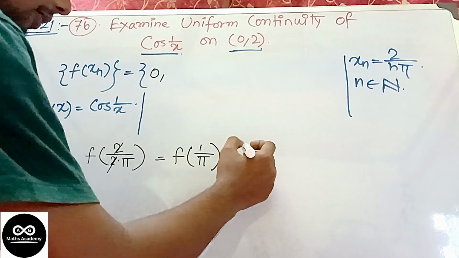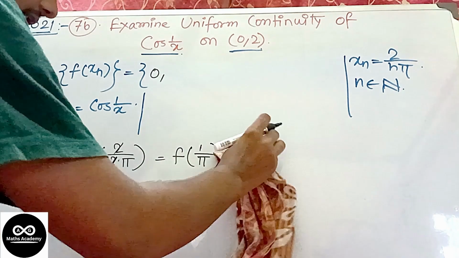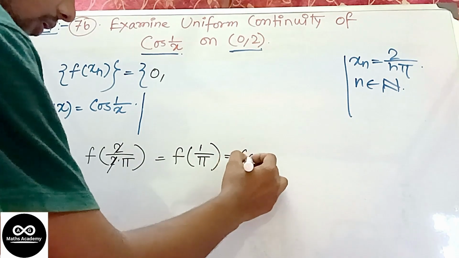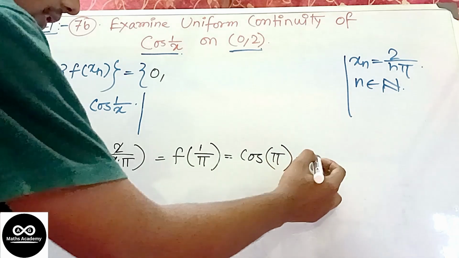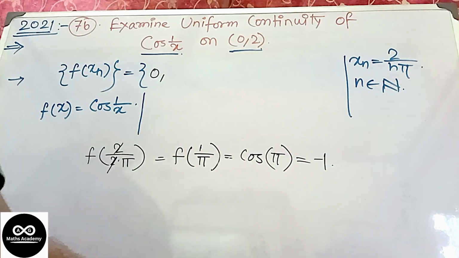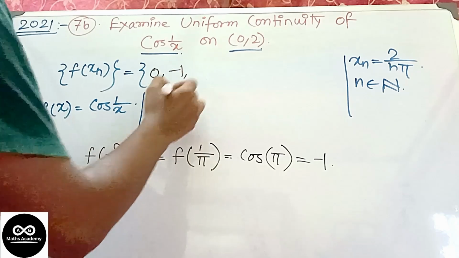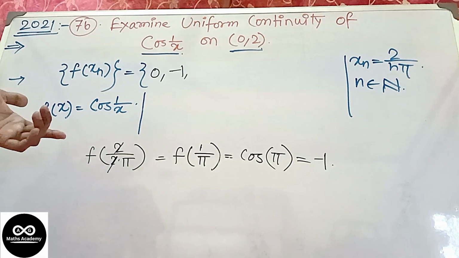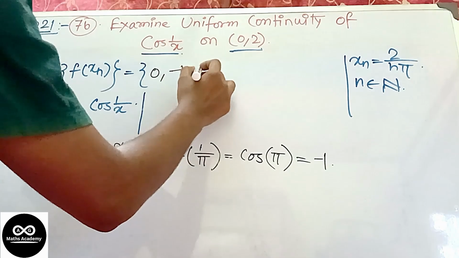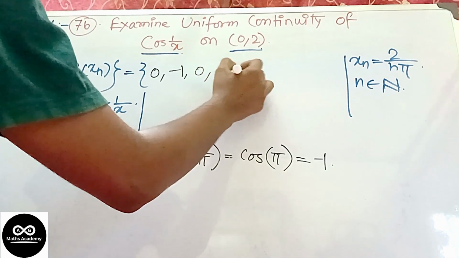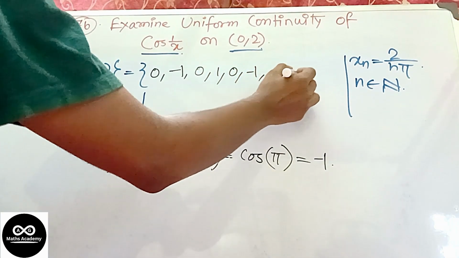Okay, and this will be cos of pi, which is minus 1. Okay, so minus 1. So now if we keep calculating these values, this will be 0, 1, 0, minus 1, and so on.